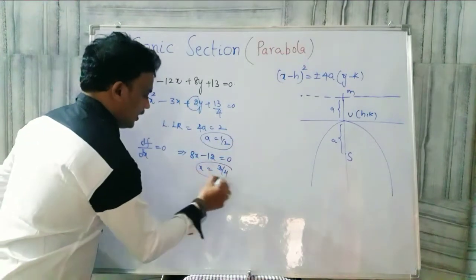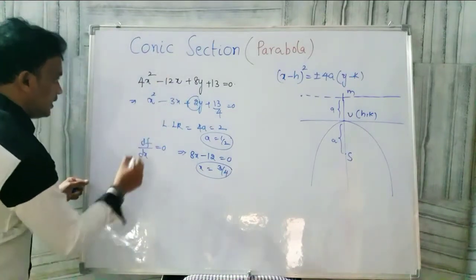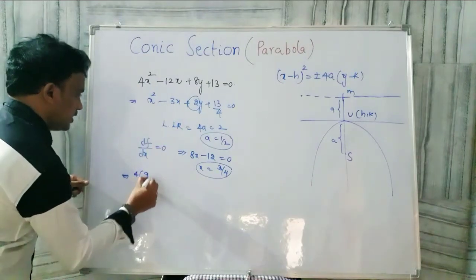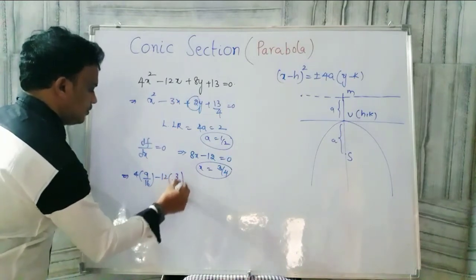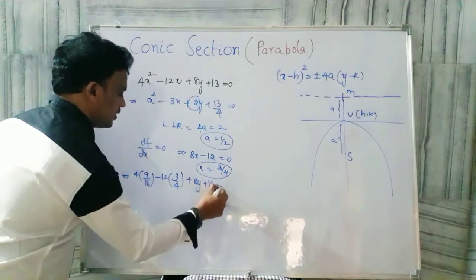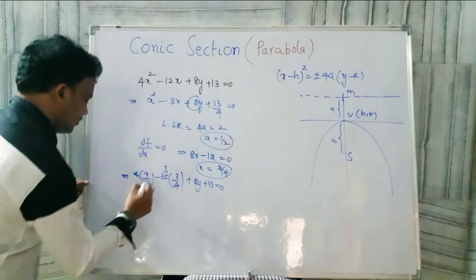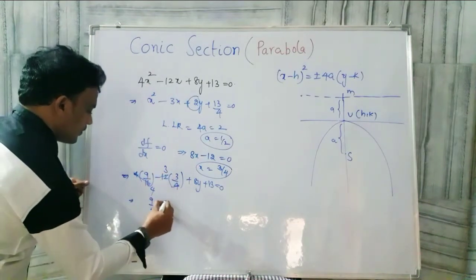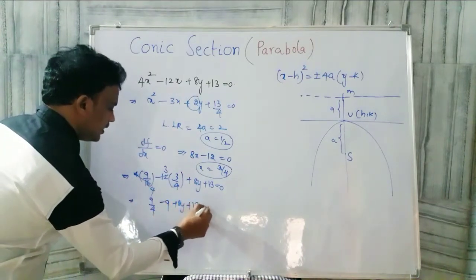After getting the x value 3 by 4, substitute it in this equation and you can get the y value. So 4 times x square, which is 9 by 16, minus 12 times x, which is 3 by 4, plus 8y plus 13 equals 0. So 4 times 9 by 16 is 9 by 4, minus 9, plus 8y plus 13 equals 0.